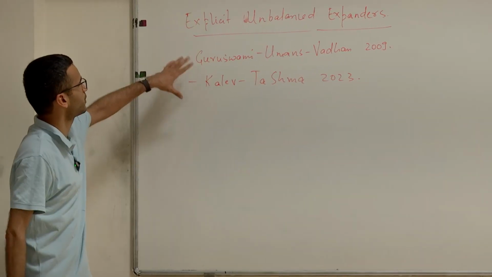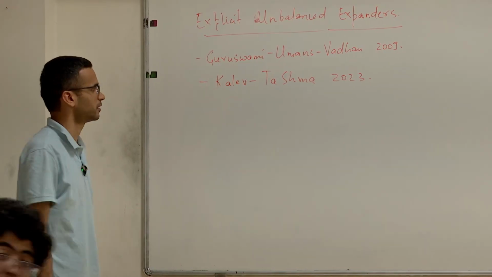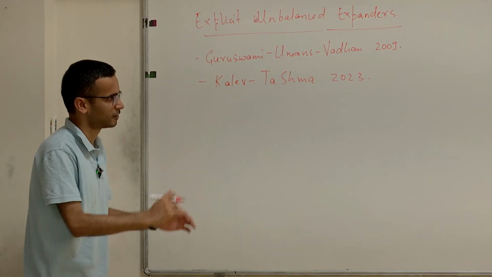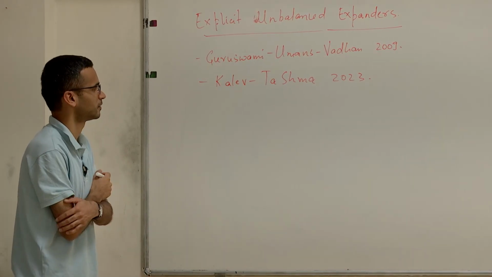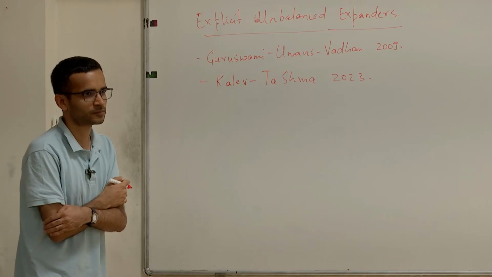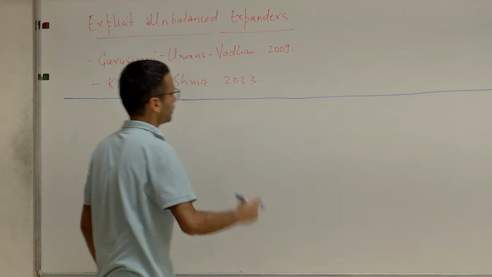It's basically the same idea, but implemented in a way that's more self-contained, requires less background, and the proof is almost completely doable in whatever 90 minutes. I'll define everything. I don't know what the background is.